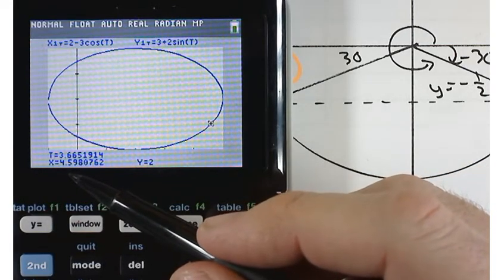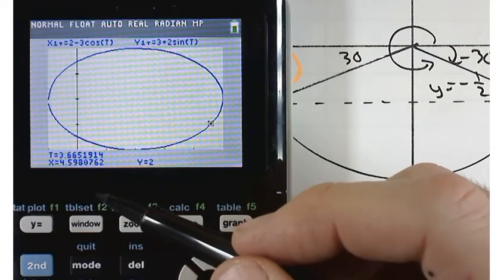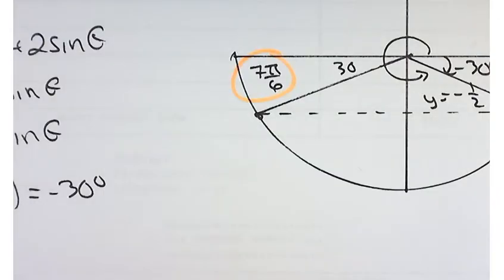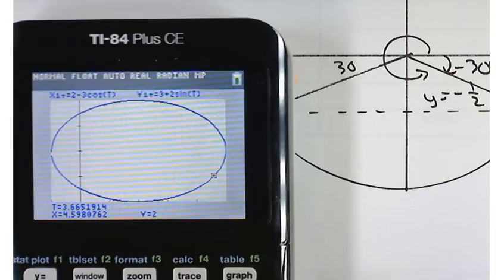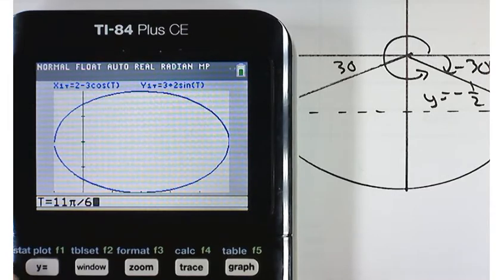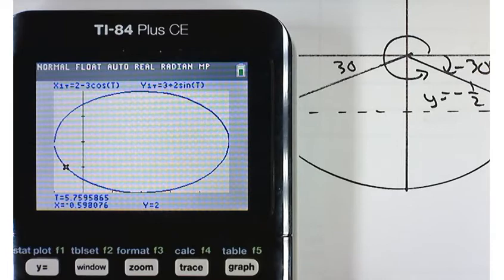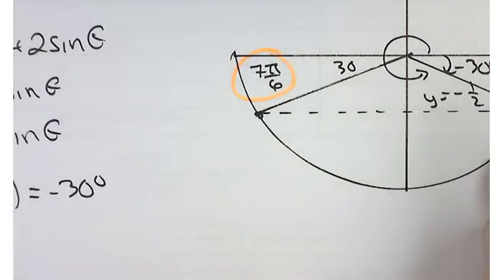So 4.59, I'm guessing that would be the same thing as, where was our point? 4 plus 3 square root 3 over 2. Let's just type in, for good measure, the 11 pi over 6. 11 pi divided by 6, and it puts me someplace else. So the value of theta we want was 7 pi over 6. To be honest, I was a little bit surprised. I expected it to be 11 pi over 6. So good thing we checked.